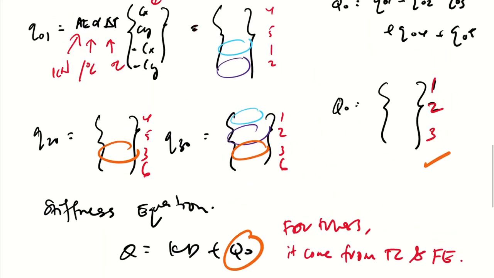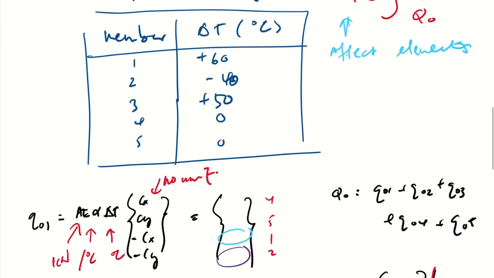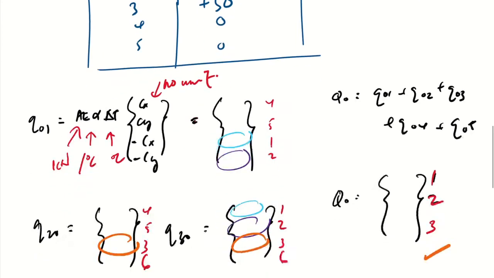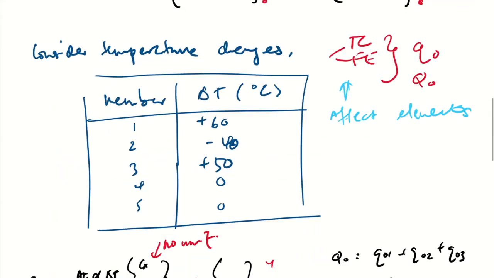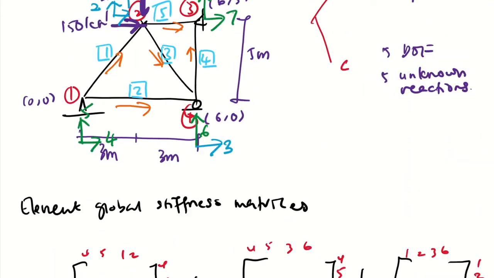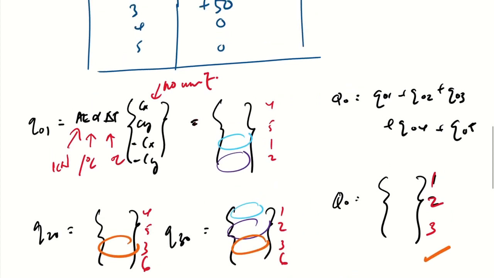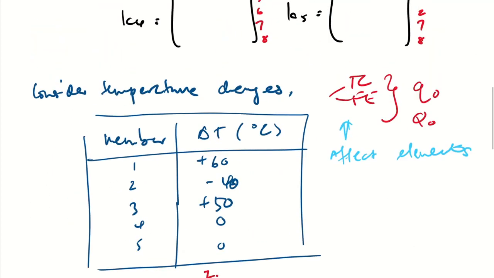For fabrication error, the step is the same, like what I have shown to you in this video, except the formula is different. The formula is different because we want to have the Q naught due to fabrication error.